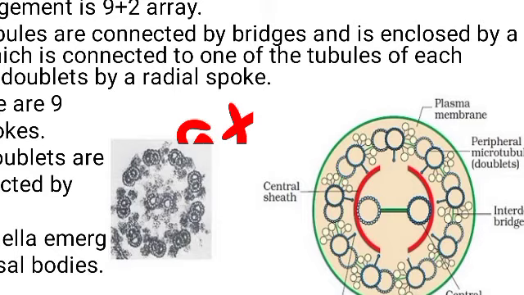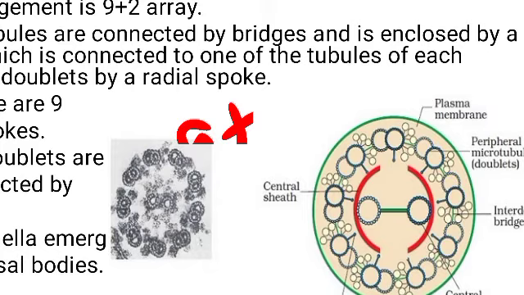Everywhere, one of the peripheral doublets is attached to the central sheath by means of a radial spoke. The line you are seeing is called a radial spoke. So the central tubules are connected by bridges and enclosed by a central sheath, and this central sheath is connected to one of the tubules of each peripheral doublet by the radial spoke. How many radial spokes are there? There are 9 radial spokes.